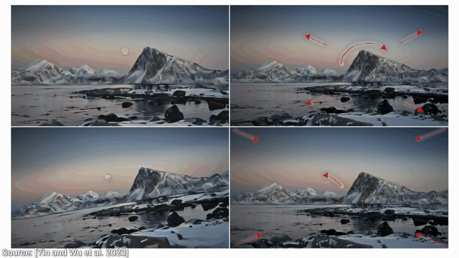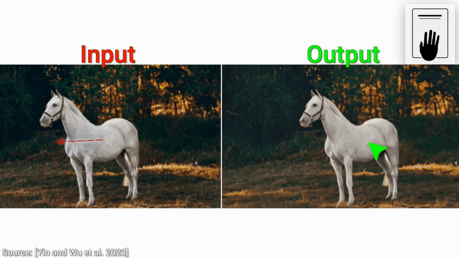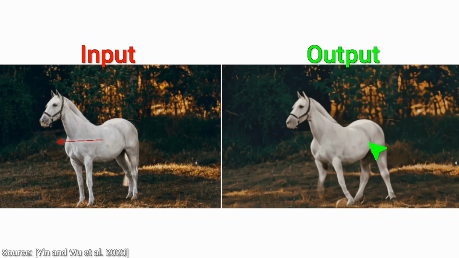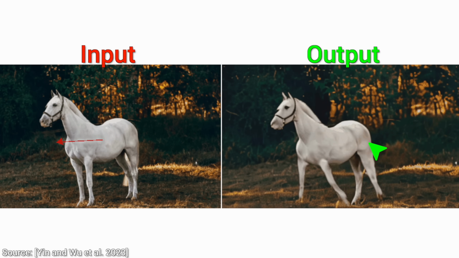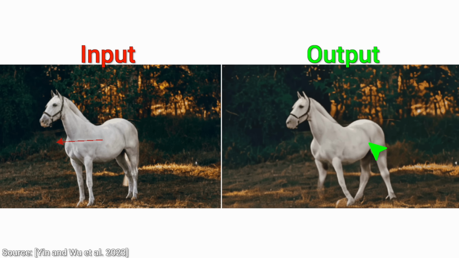I wonder what happens if I instruct this horse to move. That is so much more complex than just camera movement. So, what happens then? Now, hold on to your papers, fellow scholars, and my goodness, look at that! The AI understands how a horse should move and synthesizes exactly that.